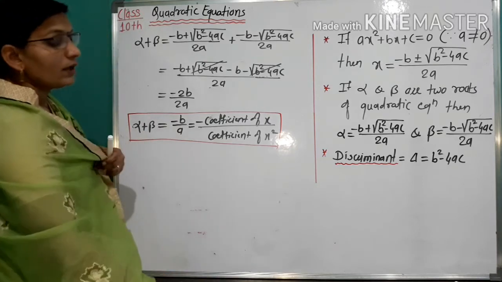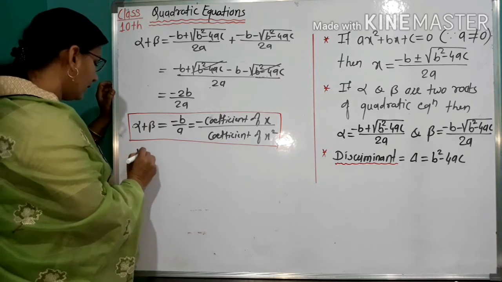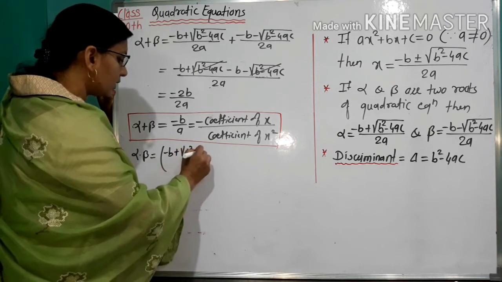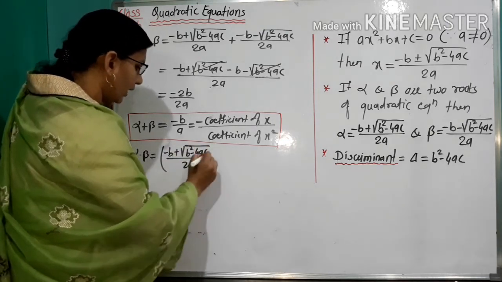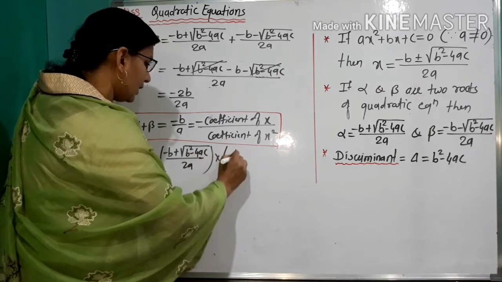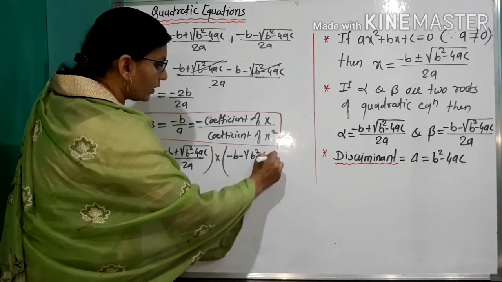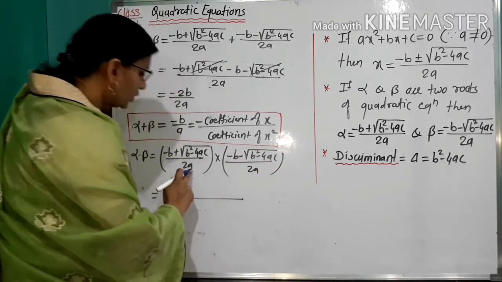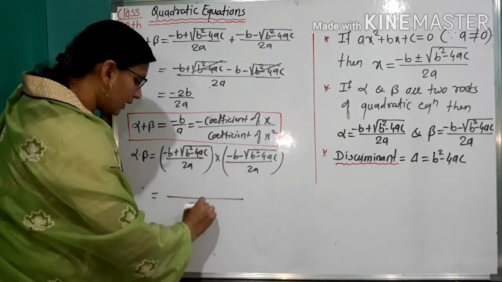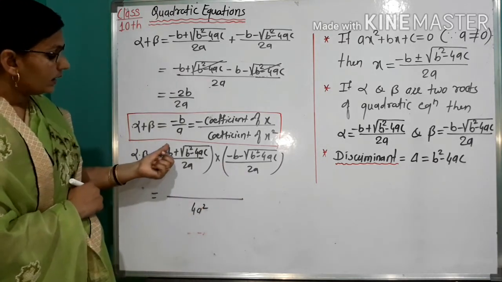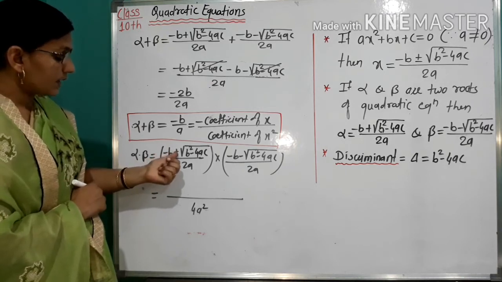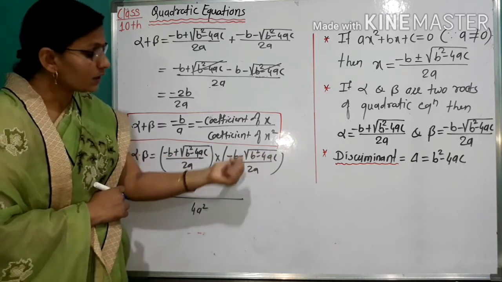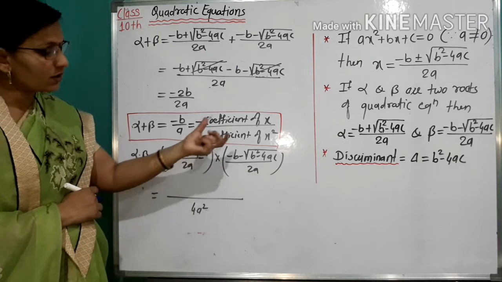Now I take alpha into beta, that is minus b plus under root b square minus 4ac divided by 2a, multiplied by minus b minus under root b square minus 4ac divided by 2a. Here this 2a into 2a is 4a square. See the numerator: sum of two terms and difference of two terms.